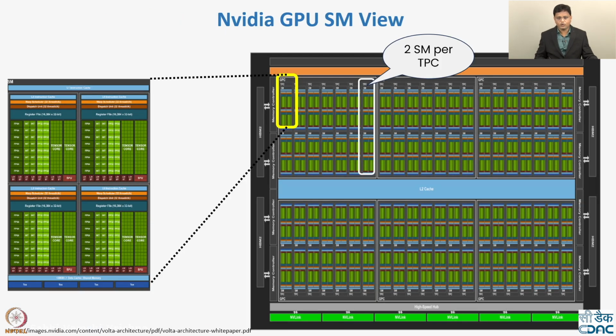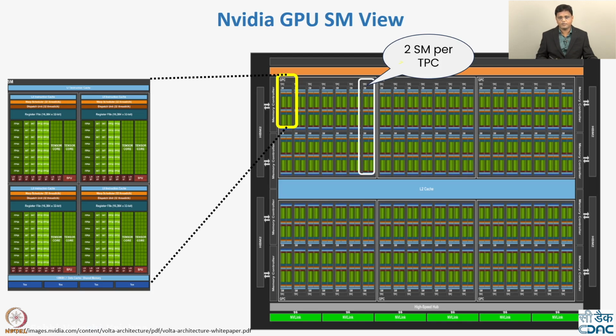Now, let us focus on the inside of the TPC. So far we have focused on the GPC at a high level, and the next level is the TPC that you can see here. Now, we will look inside the TPC.